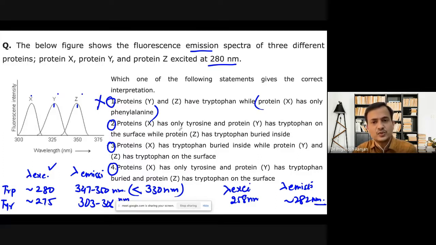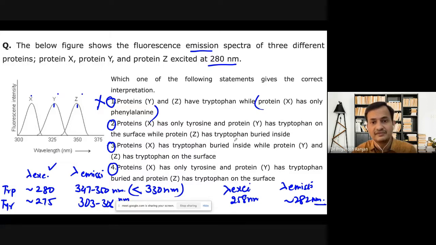Second, protein X has only tyrosine. Could be. And protein Y has tryptophan on the surface, while protein Z has tryptophan buried inside. Now Y and Z could be carrying tryptophan, but remember what I said just now. If the tryptophan is present on the surface and exposed to the polar solvent, you are going to get emission spectra more than 330 nanometer.